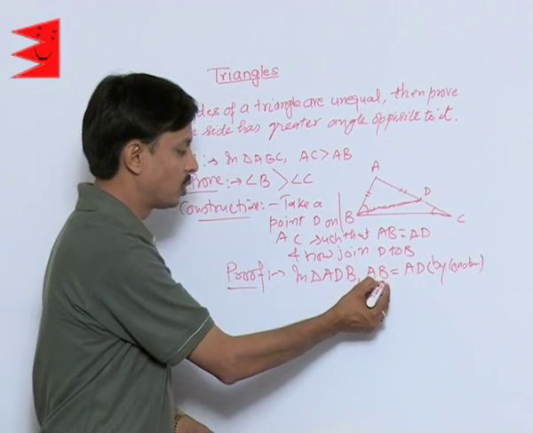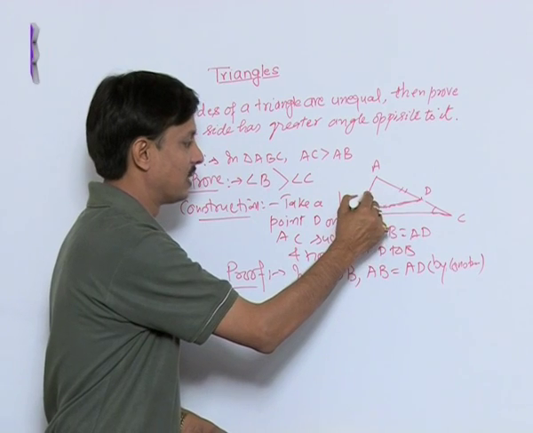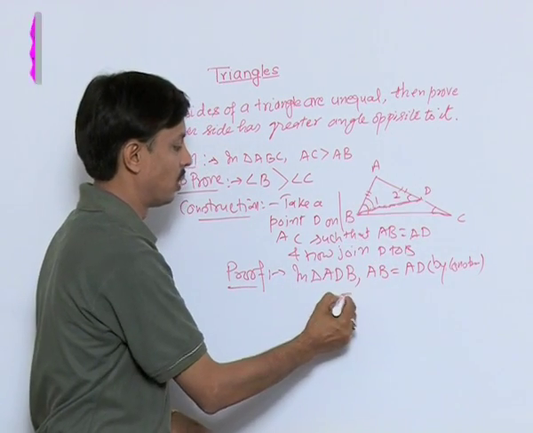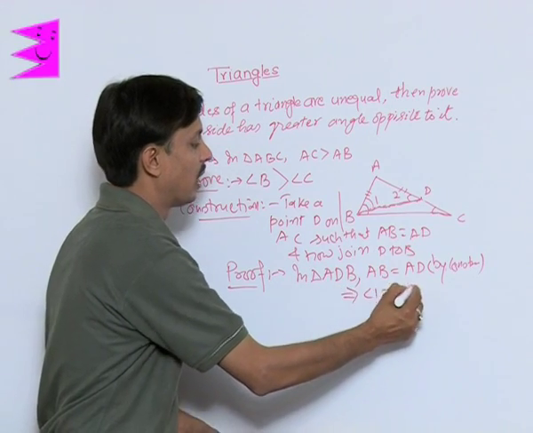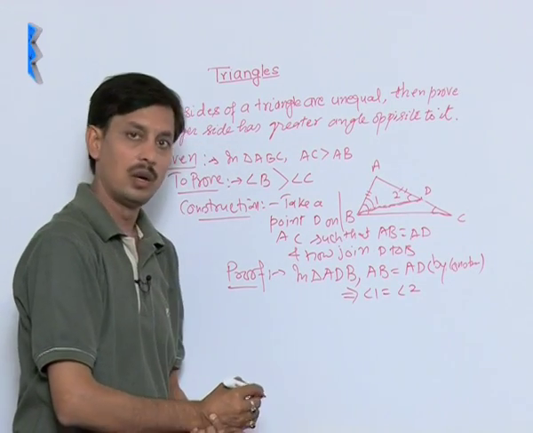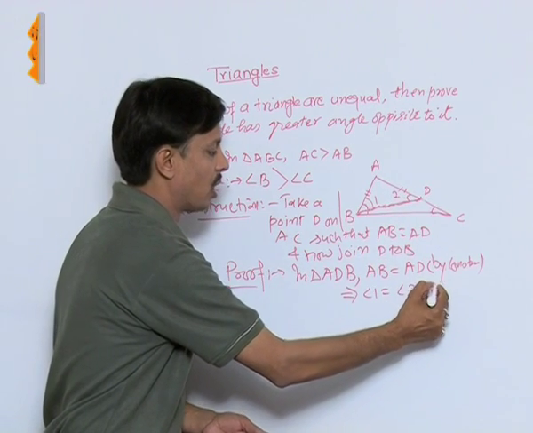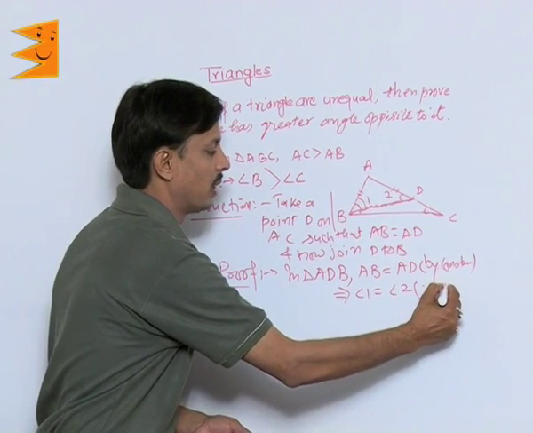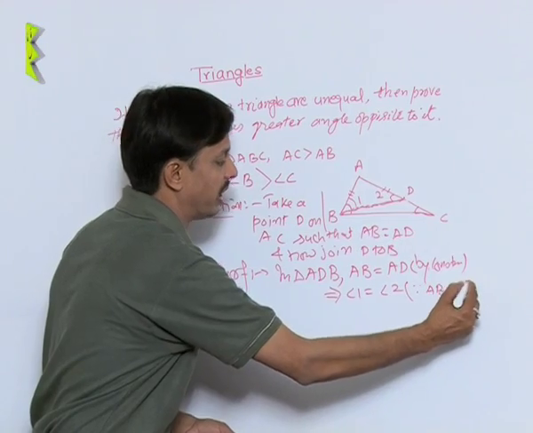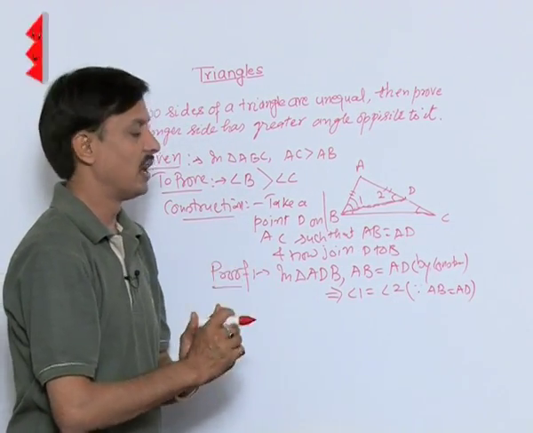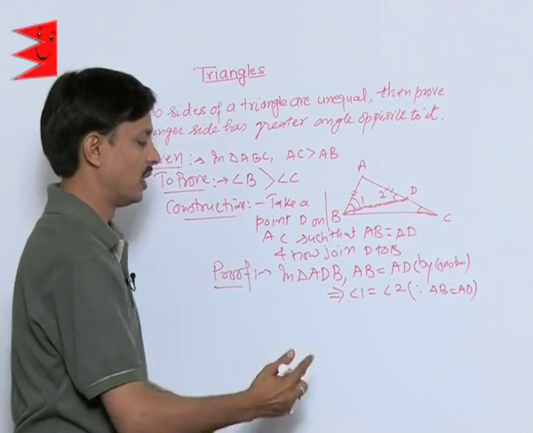Now if these two sides are equal, then I can say angle 1 and angle 2 are also equal. This implies angle 1 is equal to angle 2. Why? Because the length of AB is equal to AD, and if in a triangle two sides are equal, then these two angles need to be equal.